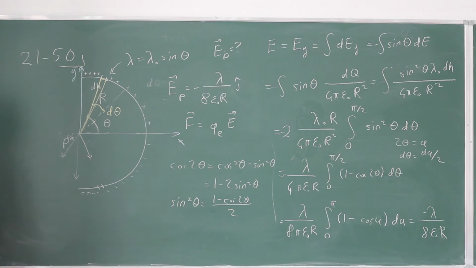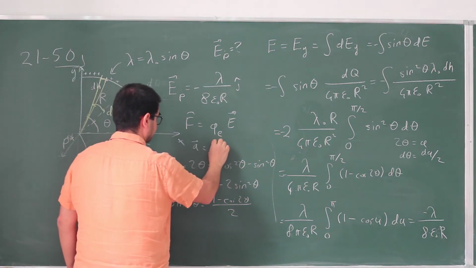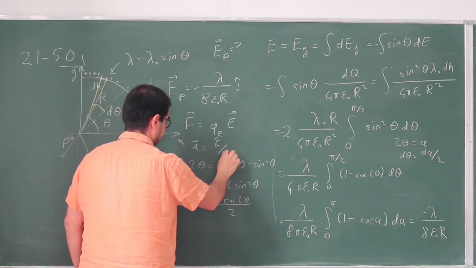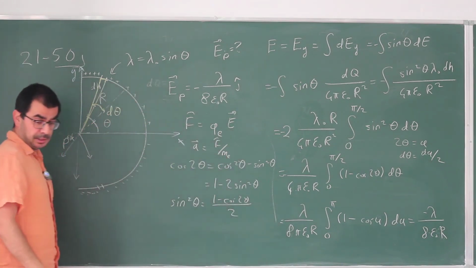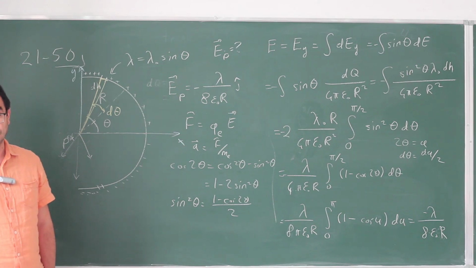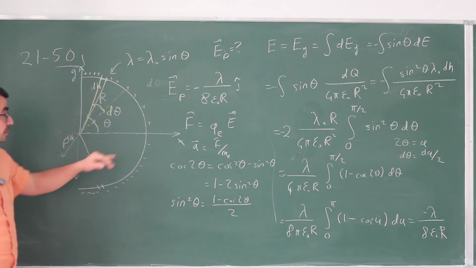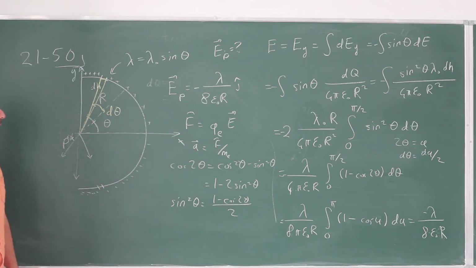And then to calculate the acceleration, you need to divide your force by mass of the electron. Now, mass of the electron is tiny, and they are giving you some lambda naught to be like 1 microcoulomb, which is still very large with respect to the charge of the electron. So I expect that this acceleration is going to be something huge. I'm not going to calculate it. You just need to substitute these numbers and make sure that you get something in the positive y direction.